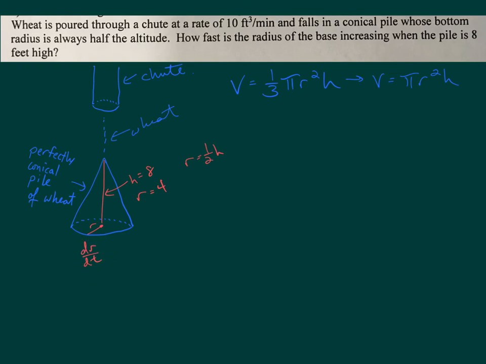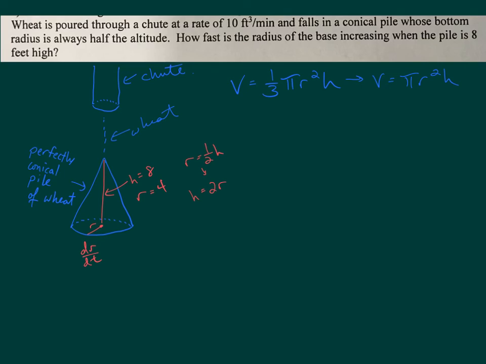If I were to substitute this 1/2 h in for r and take the derivative, we would get how fast the height is changing, and we are not after that. We're after dr/dt. So really, I think I should have this say h is equal to 2r. If you multiply both sides of this equation by 2, you get h equals 2r.